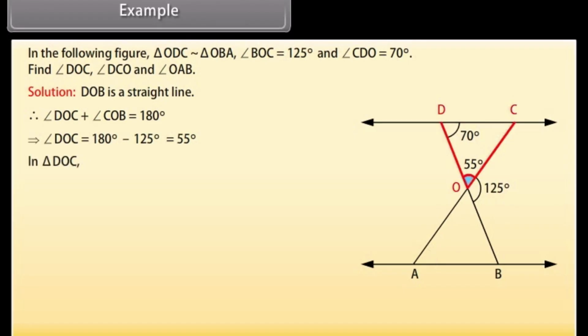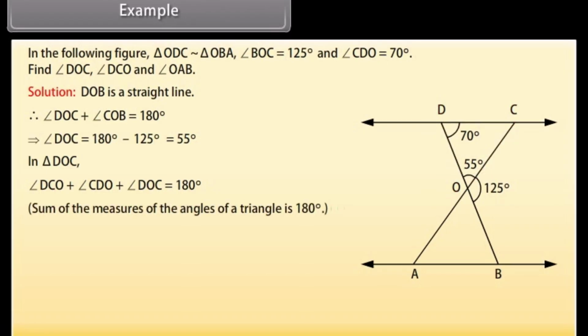In triangle DOC, angle DCO plus angle CDO plus angle DOC equals 180 degree. Sum of these measures of the angles of a triangle is 180 degree, which implies angle DCO plus 70 degree plus 55 degree, which equals 180 degree, which implies angle DCO equals 55 degree.